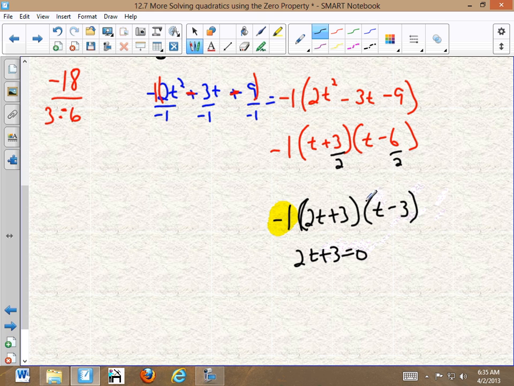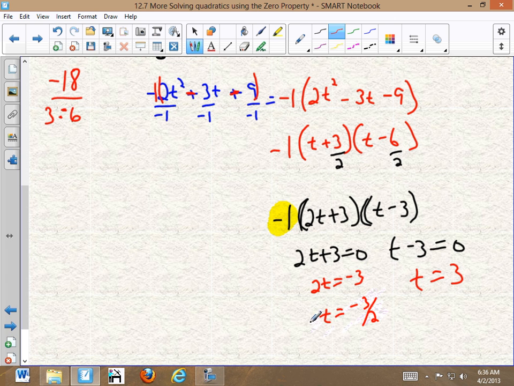And this function has a t with it, so I set t minus 3 equal to 0. So, this is t equals 3. This becomes 2t equals negative 3. T equals negative 3 over 2.